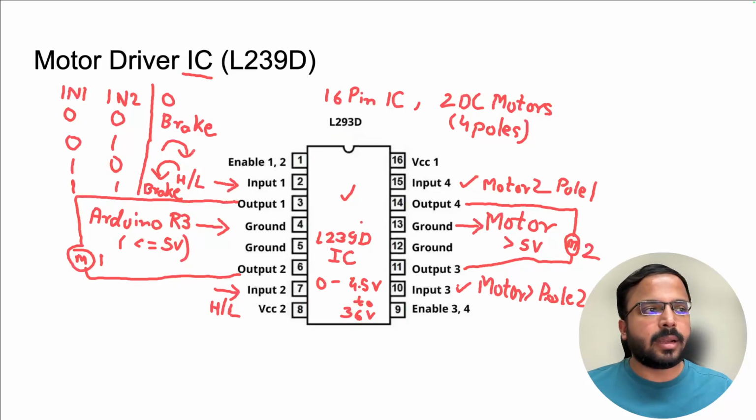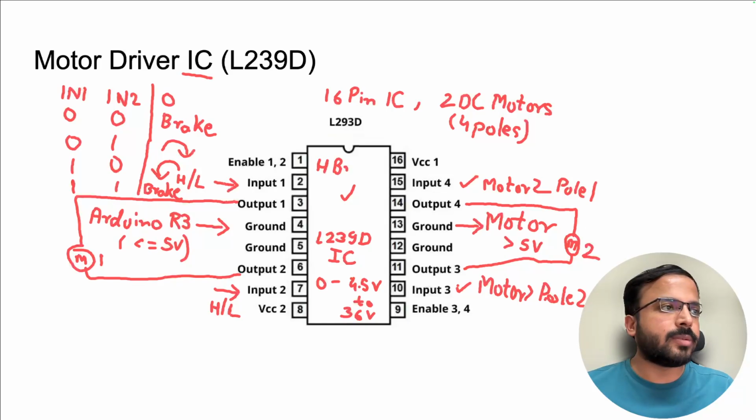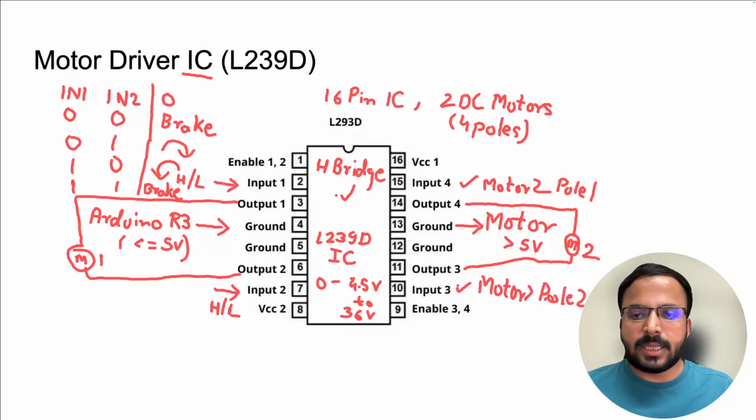So we'll have this motor IC, which is a motor driver IC, used as an interface between Arduino and motors. The circuit inside this is in an H shape. It's also known as an H bridge motor IC. We can see that later, but this is an H bridge motor IC.